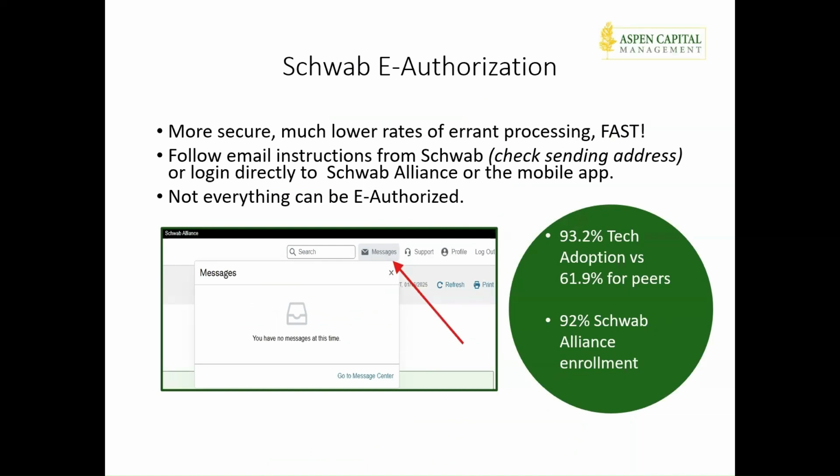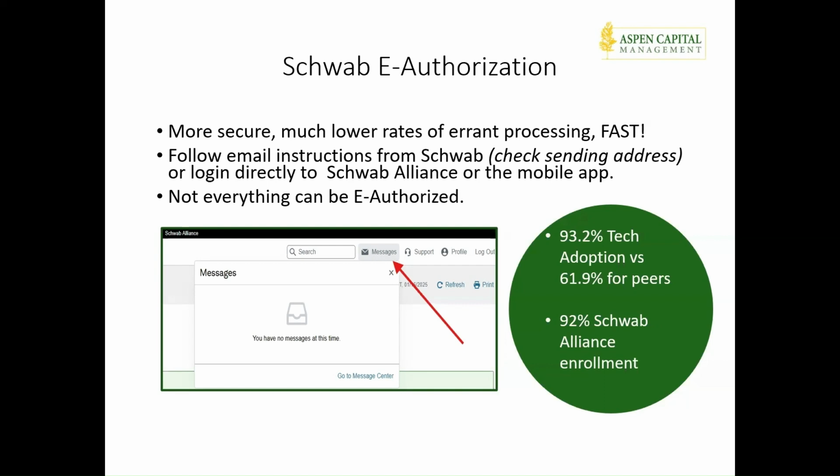Yeah, so as Bryn mentioned, one great example of where cybersecurity and Schwab Alliance meet is e-authorization. Now, there's a good chance that you've already been exposed to e-authorization, so I won't belabor the details too much here, but Schwab's e-authorization is a method of digital signature that is more secure, has much lower rates of incorrect or errant processing, and is much faster than paper or DocuSign forms.